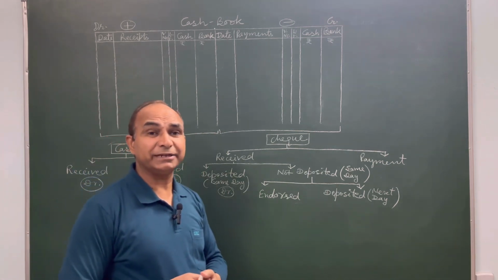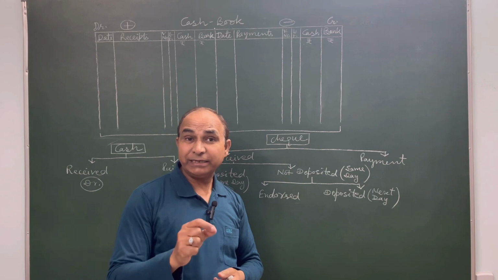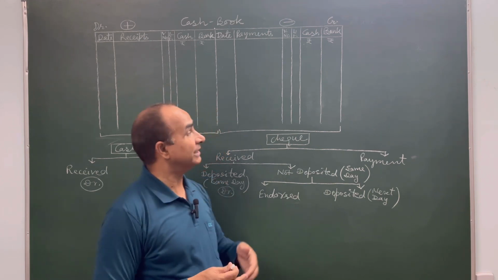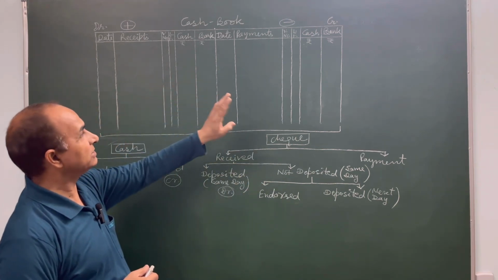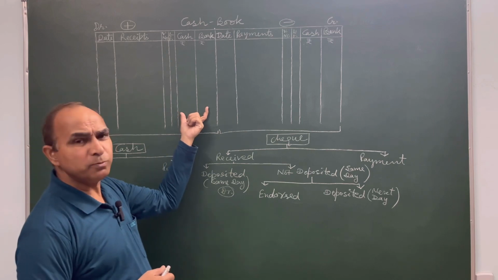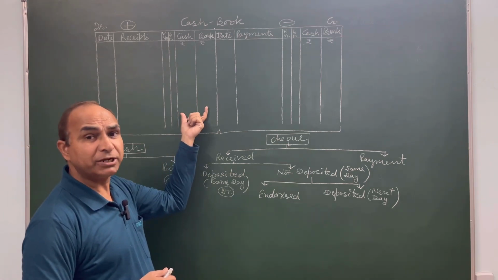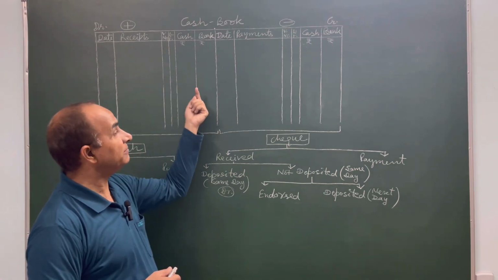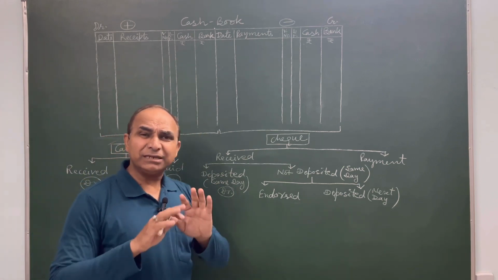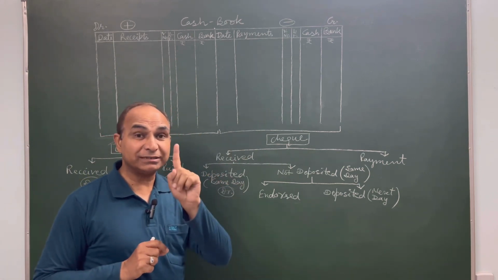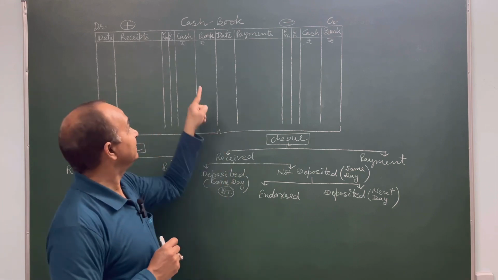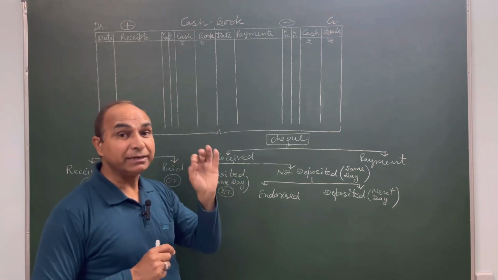Now you must know that the cash book contains two main accounts, cash account and bank account. See, on both sides we have two major and important columns, the cash column and the bank column. These are not only columns, these are the accounts. This is the cash account and this is the bank account.